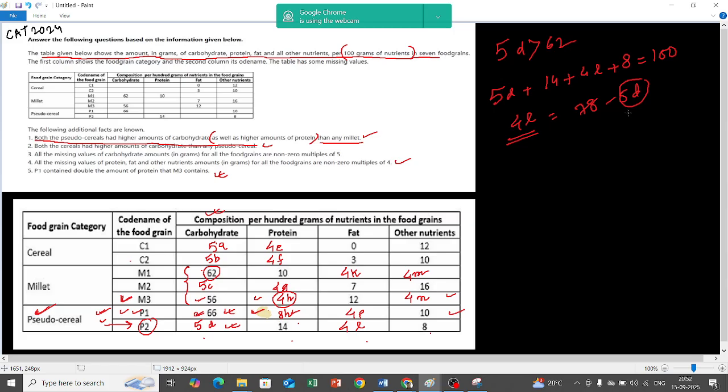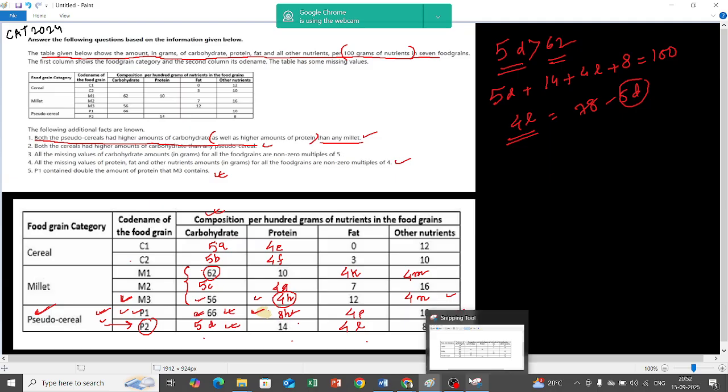It cannot be a multiple of 4, it has to be a multiple of 5. Also 5D is greater than 62. Now you tell me which value of 5D I should take, which is greater than 62 and a multiple of 5, such that on subtracting from 78 I get a value which is a multiple of 4.